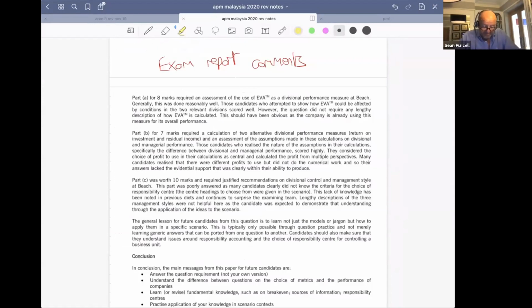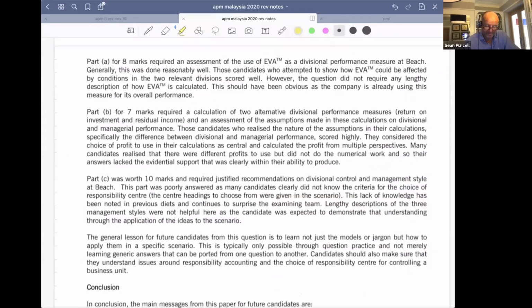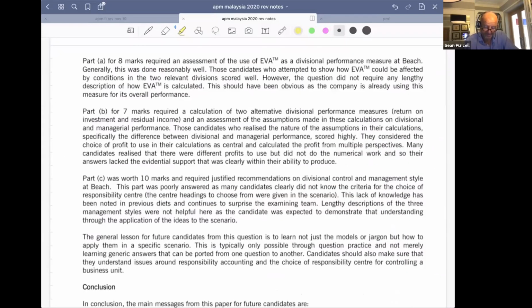So there were 8 marks for the assessment of EVA as a performance measure at Beach. It was pretty good. For a starter, people didn't do too badly. You've learned EVA. The one that wasn't done too well was part C, which required justified recommendations on divisional control and management style.